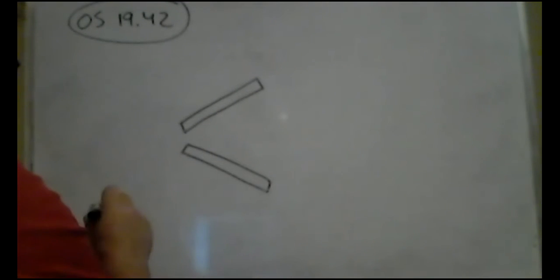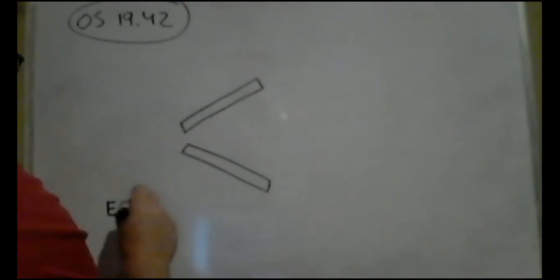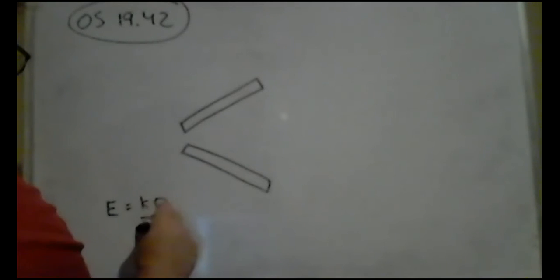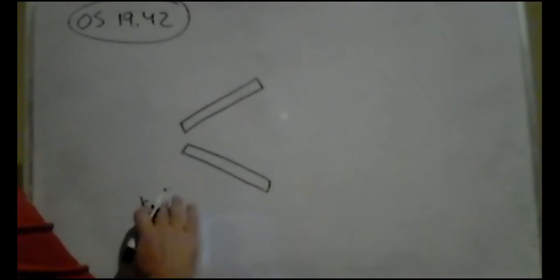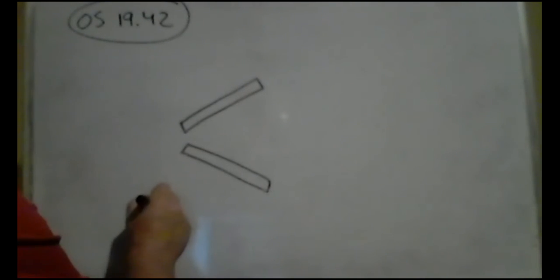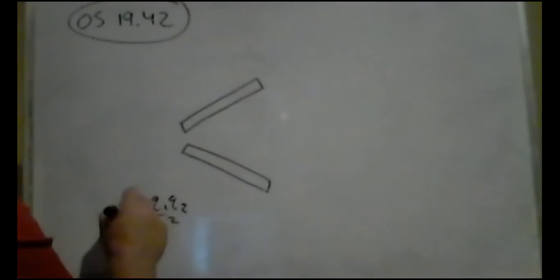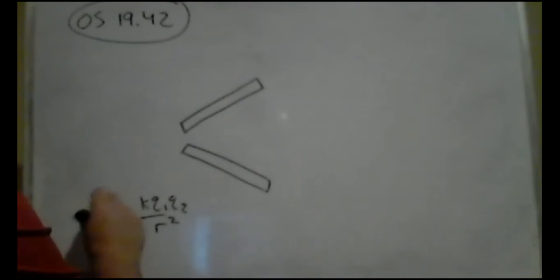Now, remember that Coulomb's law tells you that the electric field strength, and also the force, if you multiply by a test charge, for instance, the force between two charges, is inversely proportional to the square of the distance.